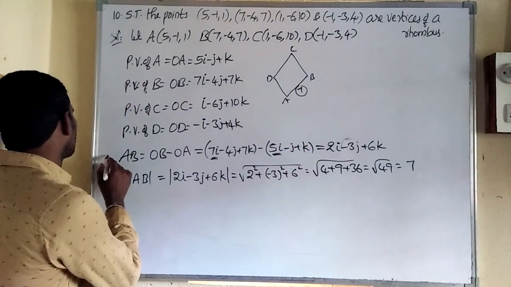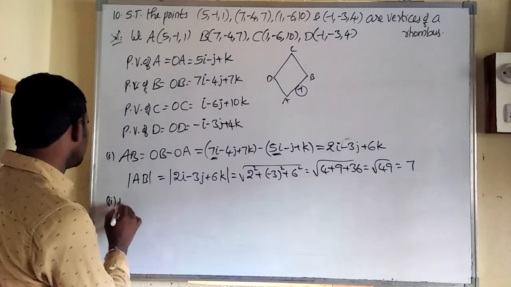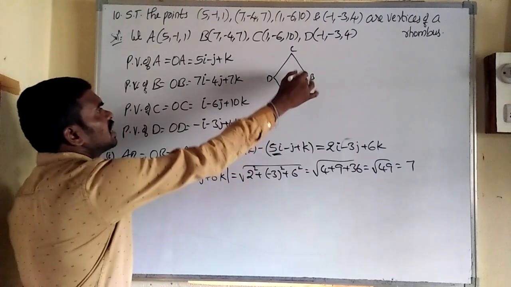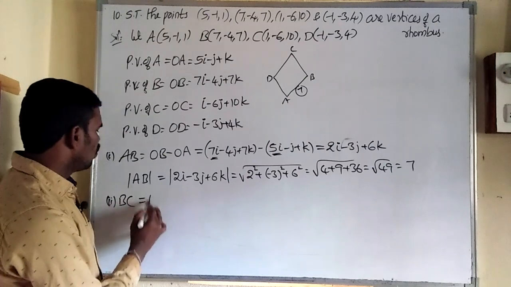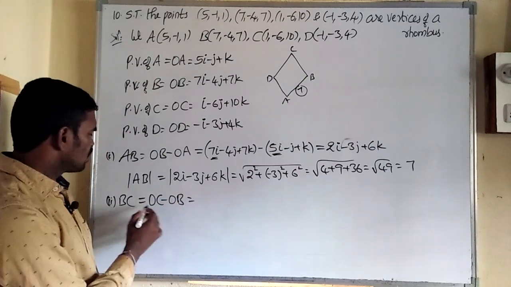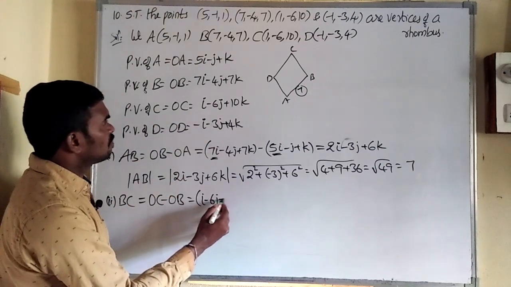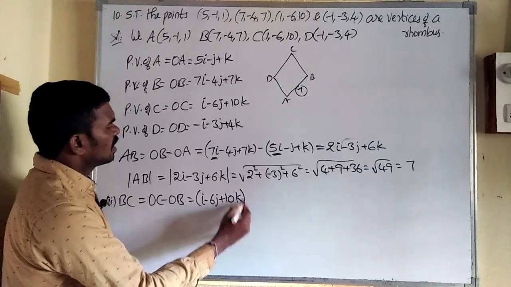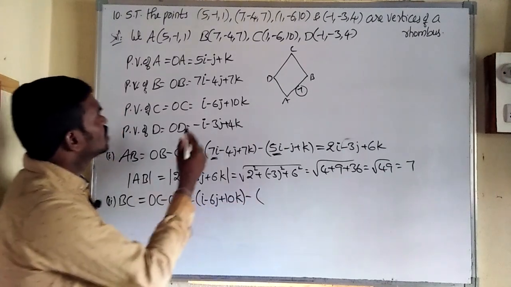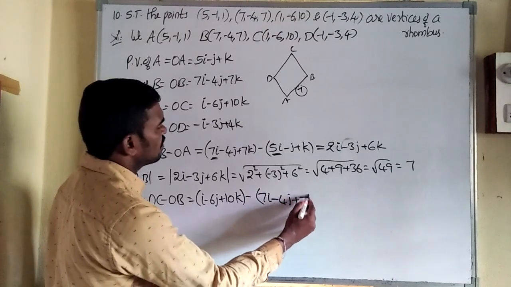AB is completed. Next, find the second side BC. BC means OC minus OB. OC is i minus 6j plus 10k, minus OB, which is 7i minus 4j plus 7k.